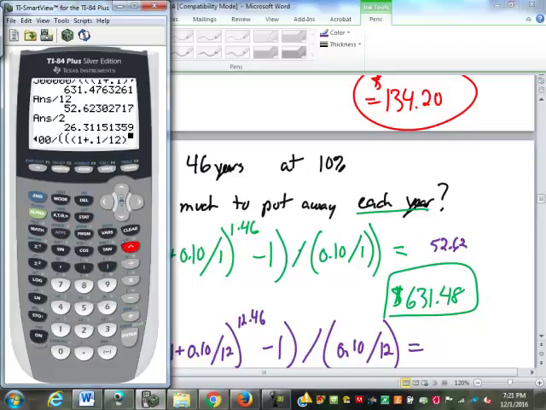Close to the power of. We're going to enter them in here. Minus 1. Close. Divide by open. 0.1 divided by 12. Close and close. It's actually $43.13.